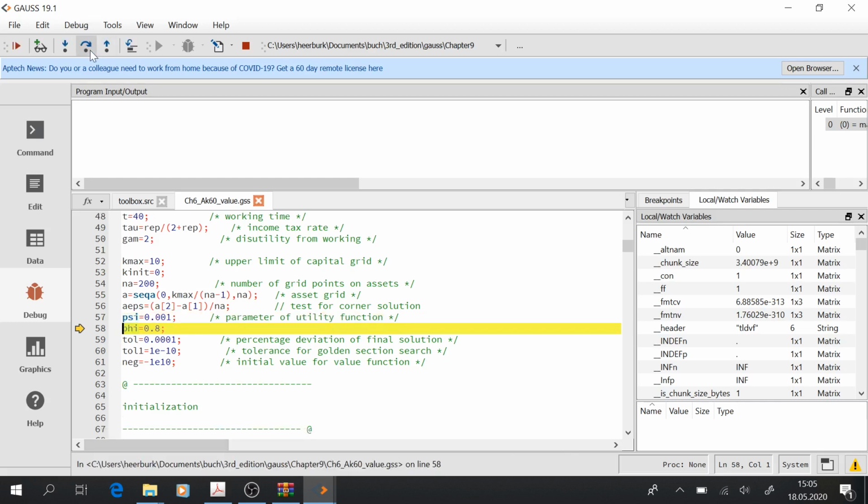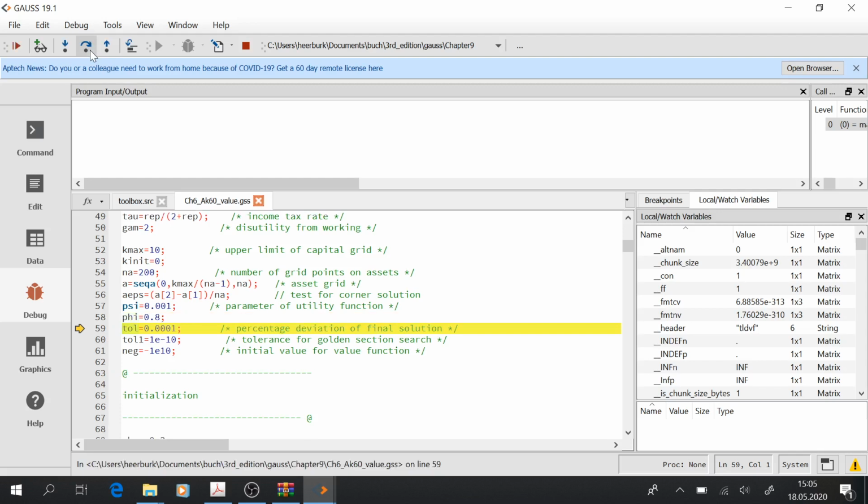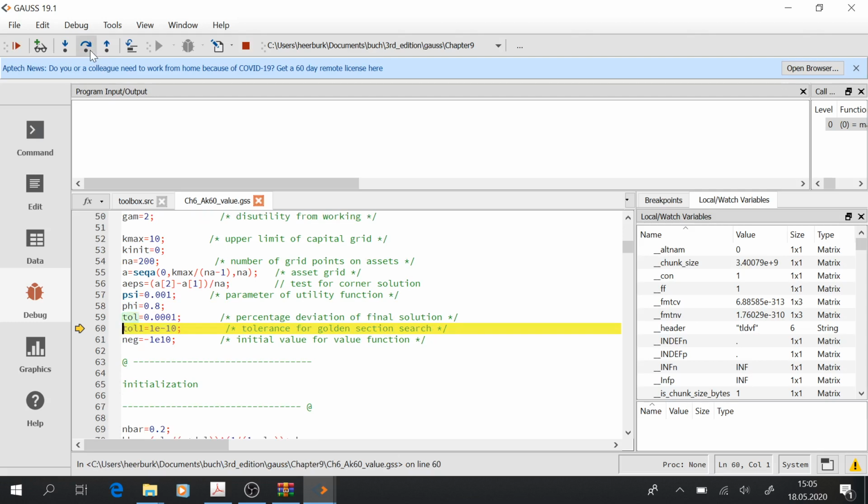Okay, then we use phi again to update our aggregate variables, just like in the case with direct computation. And we specify the tolerance of 0.0001 for the aggregate capital stock, and the tolerance 1 to the power minus 10 as a tolerance for the GAUSS golden section search.